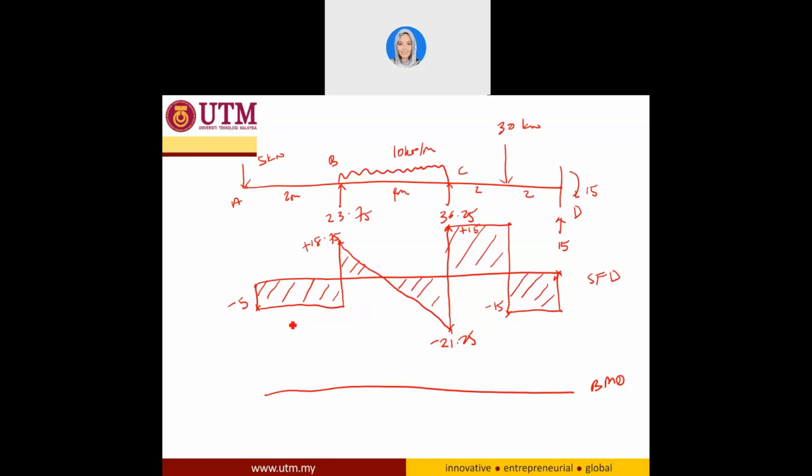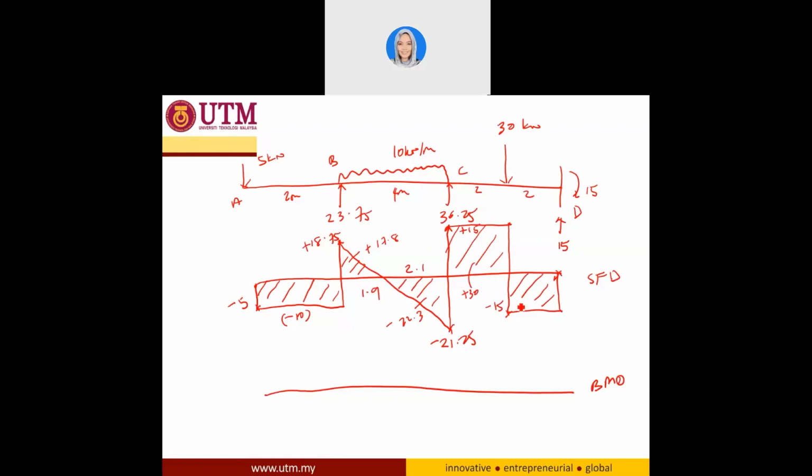So if I put -10, the area over here, and since we have calculated this to be 1.9 meter and this one 2.1 meter, so I have something around positive, because this is positive 18.75 times 1.9, I have something around positive 17.8, and another one here, since it is -21.25 times 2.1 triangle divided by 2, I will have here -22.3, and this one is positive 15 times 2, I will have this area to be positive 30.